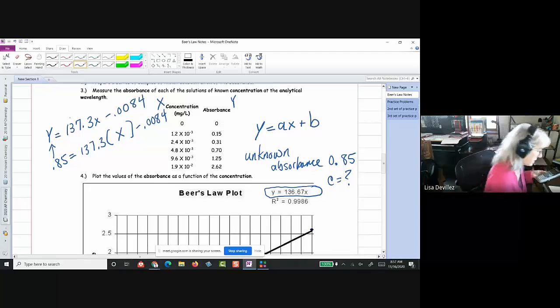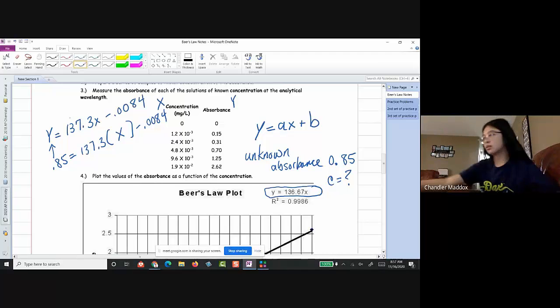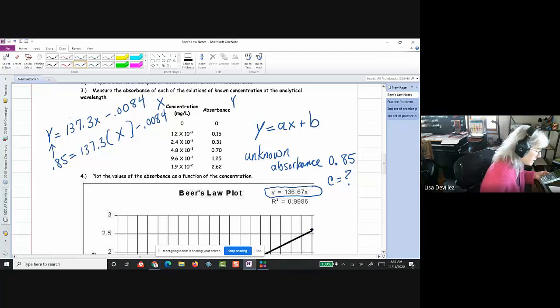Okay, oh, I plugged the 0.85 in the wrong place, because I'm getting a number that doesn't make any sense. Oh, no, that's right.